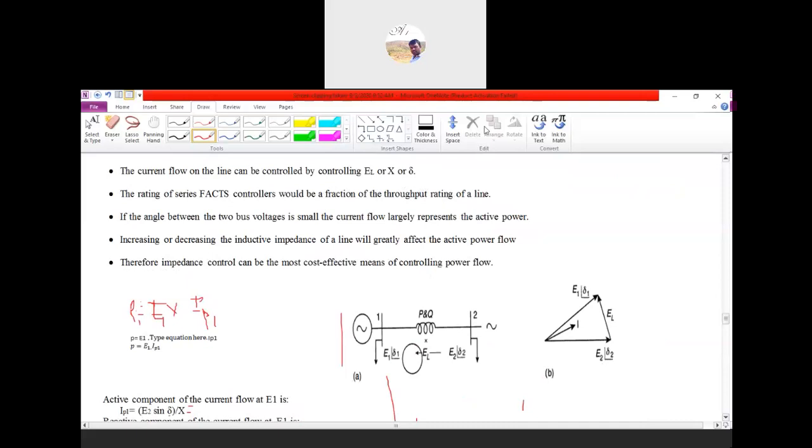If it goes above 90 degrees, it will reduce the power. So it should be within a limit.